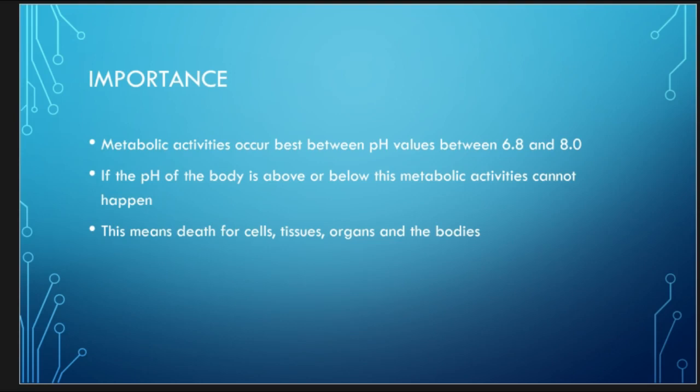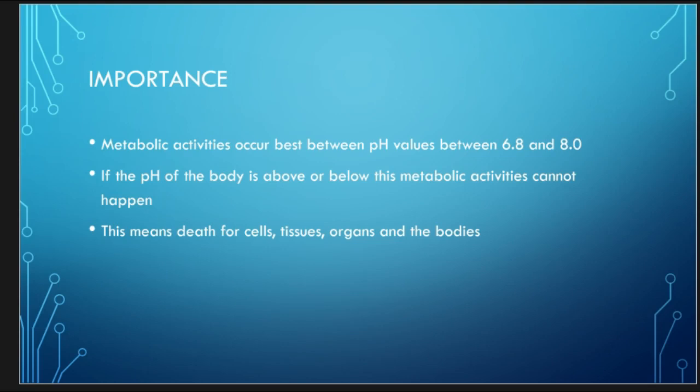If the pH of the body, again, goes above 8 or below 6.8, the normal metabolic activities that we have don't normally occur. There's too much acidity breaking things down, or it's too basic. We're destroying the basic components of the cell, unraveling and denaturing the proteins and things that are actually holding the cell together.